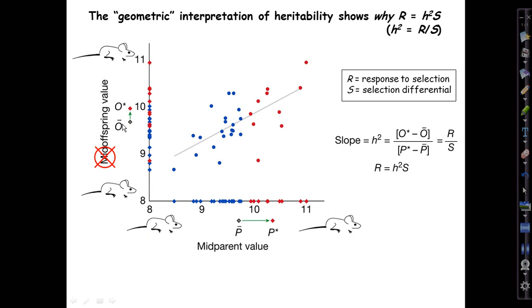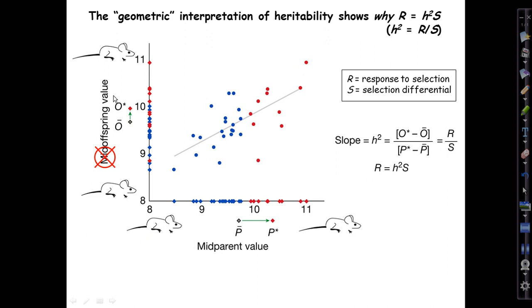And so they show that here as the original offspring mean, that difference between it and O star, the mean of the offspring from the selected parents, that is the red spots, and here's the selection differential for the parents, that is the difference between the original parental mean and the mean of the parents who were chosen as breeders. And there it is. The slope can just be defined as this ratio of these two offsets.